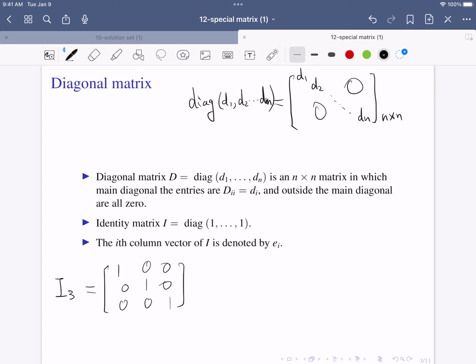I3 means the 3 by 3 identity matrix. The first column is called E1, the second column is called E2, and this is E3. Sometimes in our homework, if we have 5 times E2 plus E1, then what you do is write the appropriate E2 and E1 and perform all the calculations.